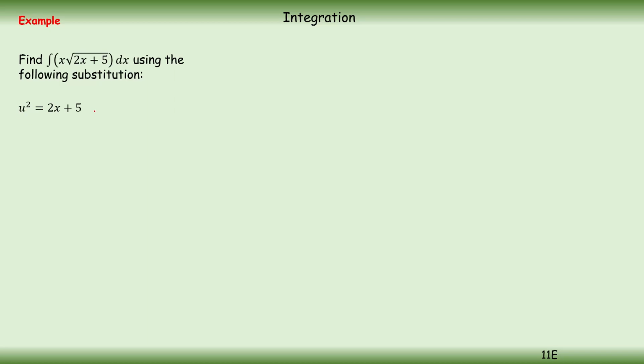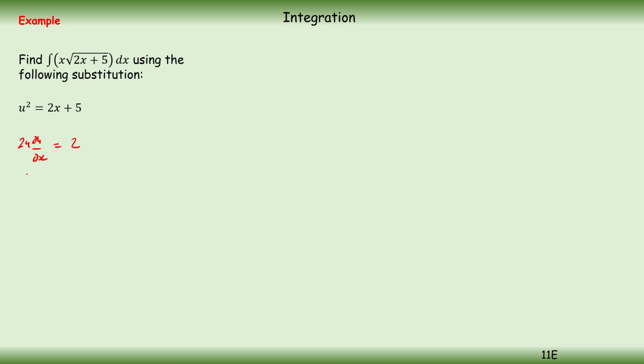u squared equals 2x plus 5. So if I want to differentiate that in situ, implicit differentiation, I get 2u du by dx is equal to 2.